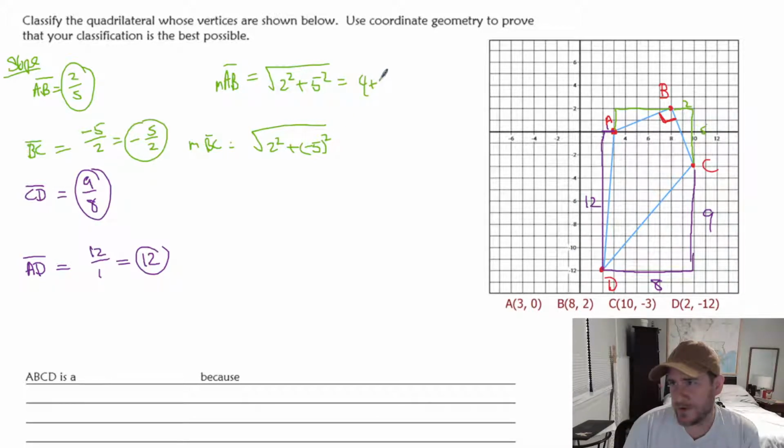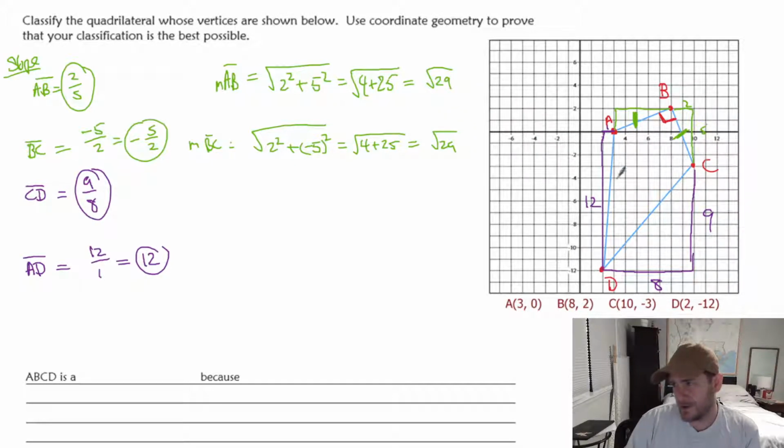That's a 4 and a 29. What's wrong with me? Guess what 5 squared actually is? 25. My brain got ahead of me, because the final answer is root 29. And of course another 4 and 25 is going to make another root 29. So these two short sides pretty obviously are the same. They're both 2 by 5.